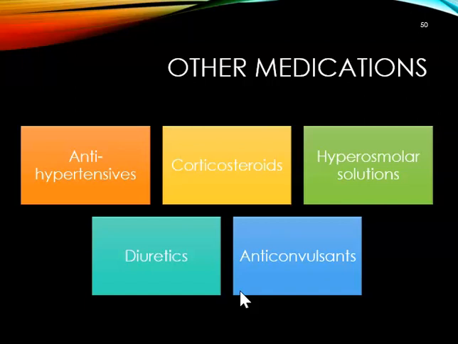And intravascular infusion of hyperosmolar solutions has really been shown to increase cerebral blood flow, and presumably this is due to a direct vasodilatory effect. So it's going to help dilate those blood vessels. Diuretics are going to be given to decrease blood pressure, and anticonvulsants to decrease any type of seizure activities.